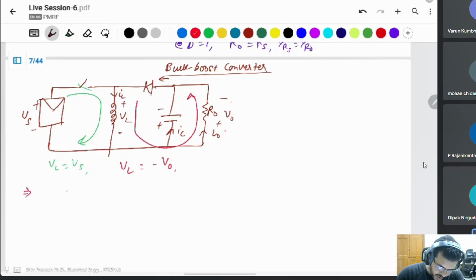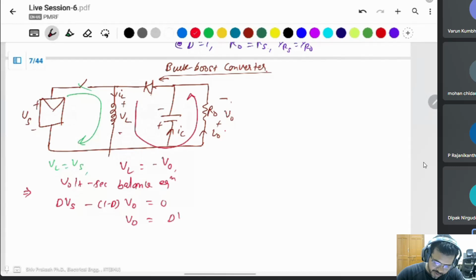To draw this one, then dVs, or volt-second balance equation, flux balance equation: V naught is equal to dVs divided by 1 minus d.